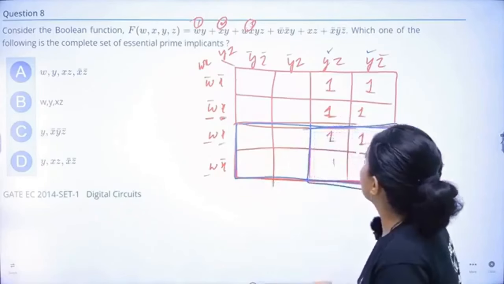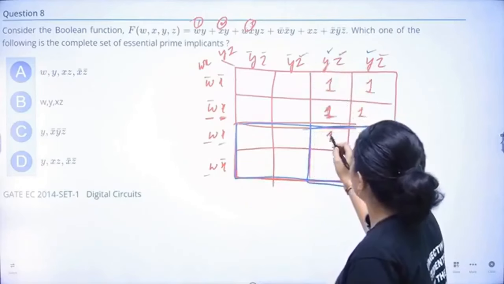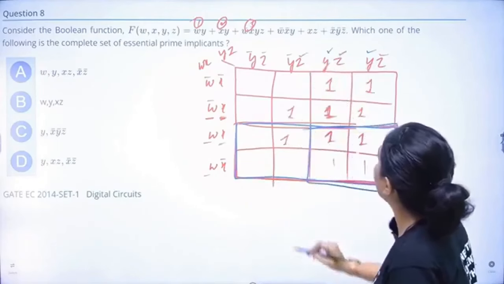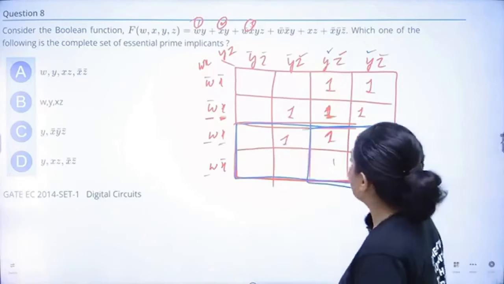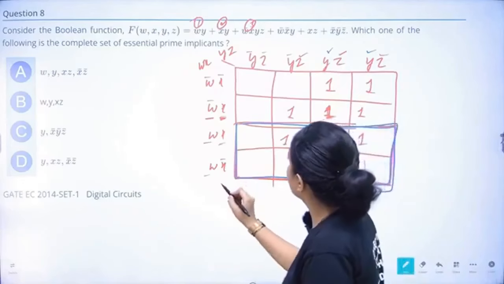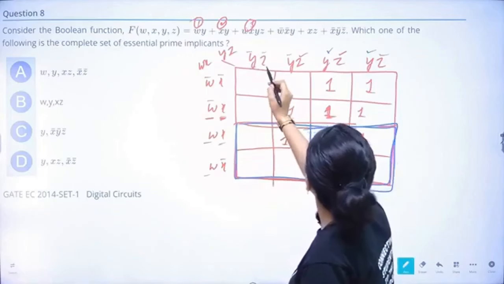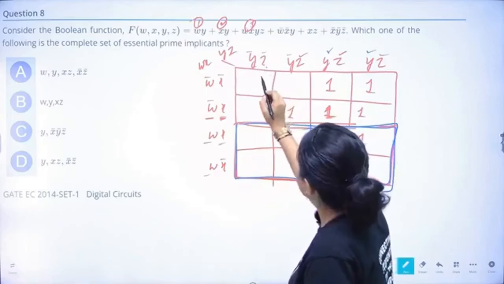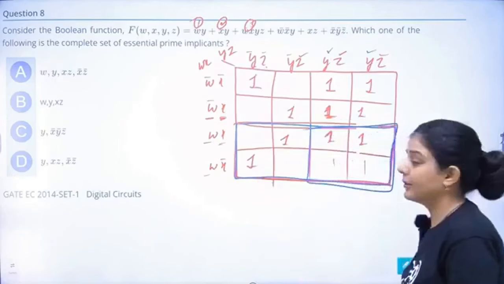The other term is Z. Z is positive here, so ones are already there. Last term is X bar Y bar Z. Y bar Z bar is this. So X bar is at which position? X bar is in this position and 1.